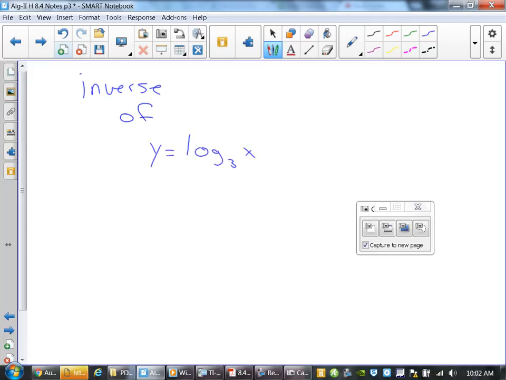Let's go with the inverse of log base 3 of x. Now, when you have inverse of log base, do you remember what the rule was? It's written on the board. E to the x equals 1. So the inverse of this is.